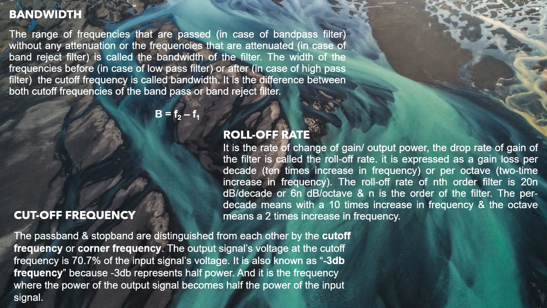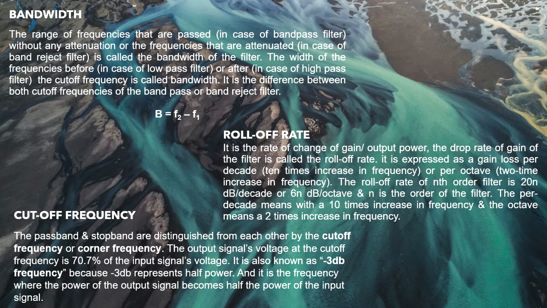The roll-off rate of the filter is 20 dB per decade or 6 dB per octave. The decade means a 10 times increase in frequency, and the octave means a 2 times increase in frequency.